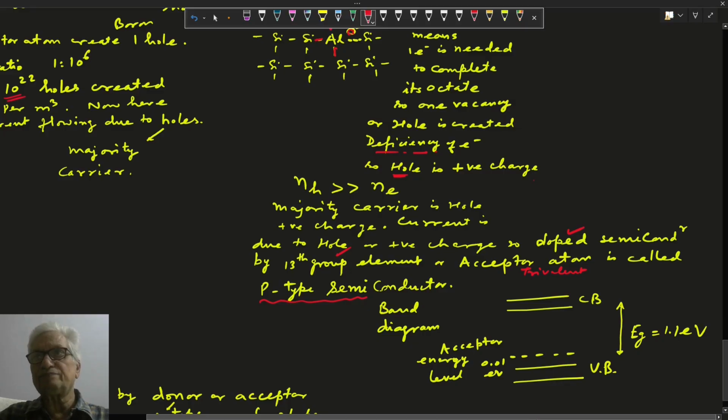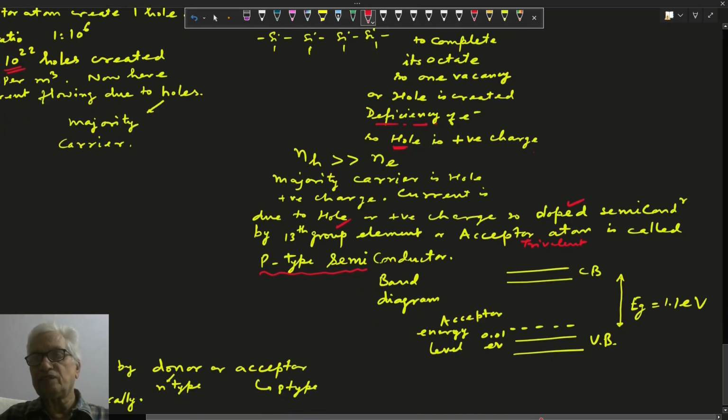Here is the band diagram. The conduction band and the valence band are separated by 1.1 electron volt for silicon, but the acceptor energy level is set just above the valence band. For electrons to jump to the conduction band, 1.1 electron volt energy is required, but the acceptor level has holes, so electrons are required here.